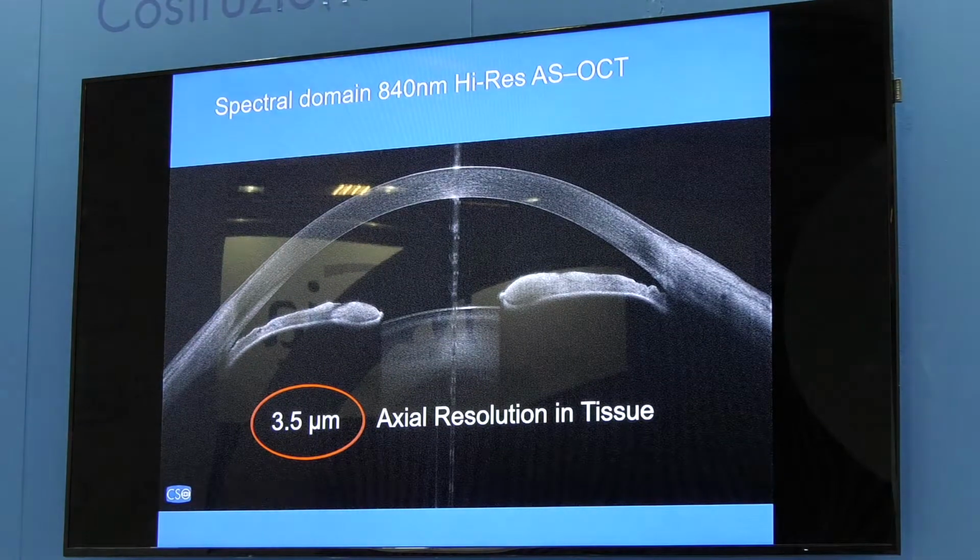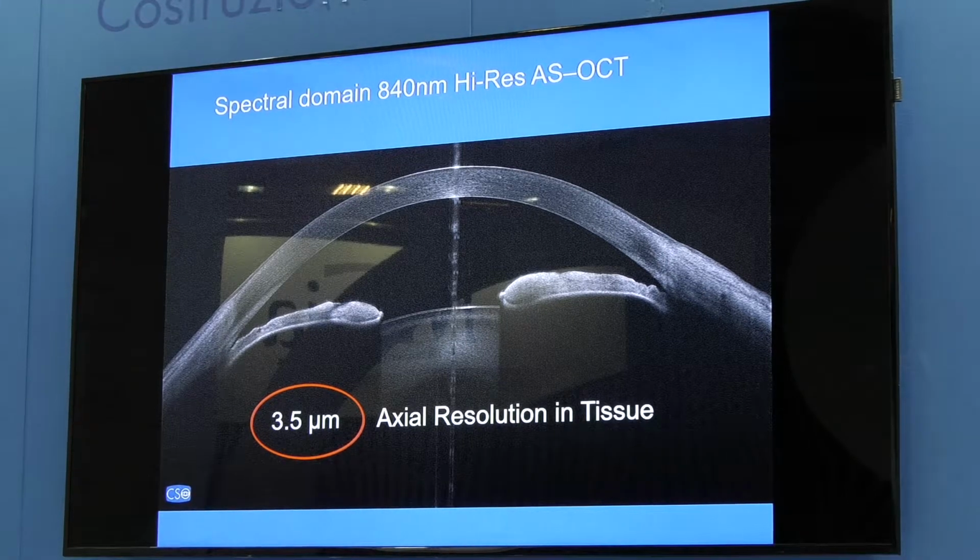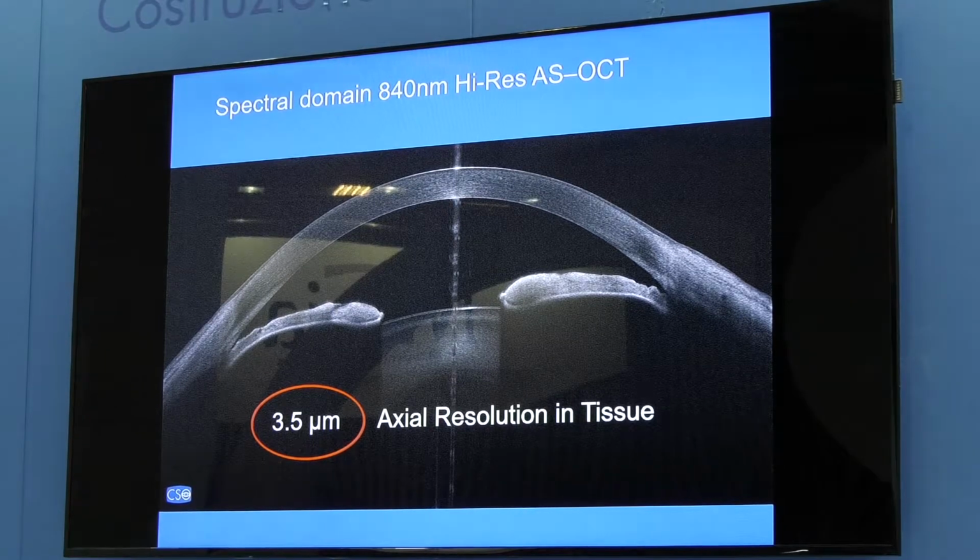This is also a benefit, this 3.5 micrometer precision, which is more than 3 times what we get with 1300 nanometer OCTs. Here, for example, you see the detail. The epithelium can be very well characterized. All the stromal layers, what happens at the iris, at the angle, here at the limbus, everything is extremely well detailed.